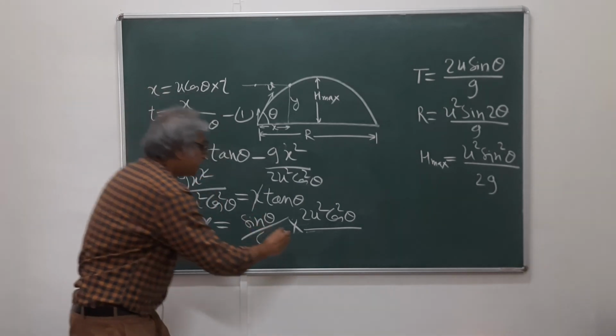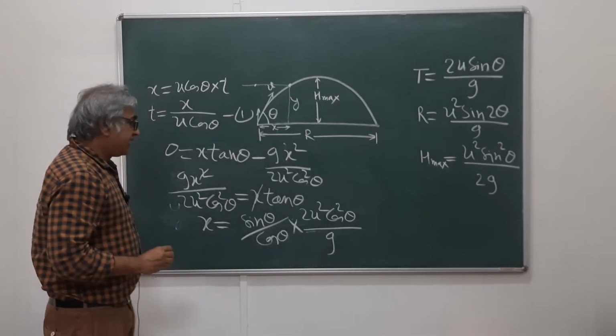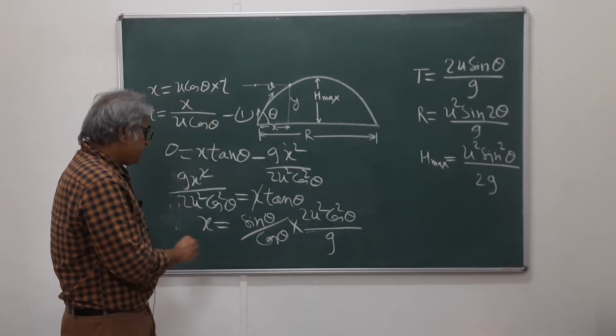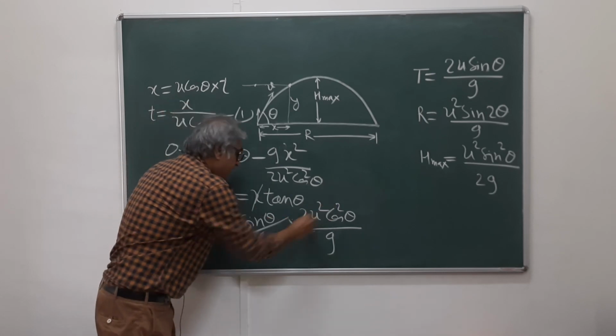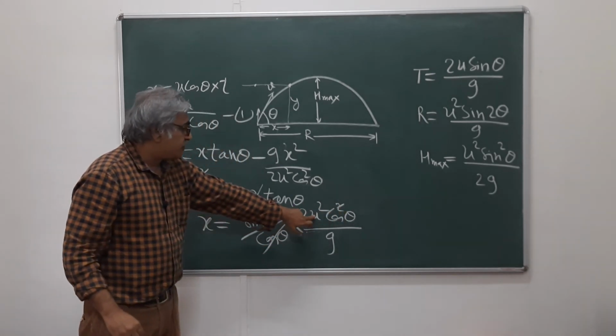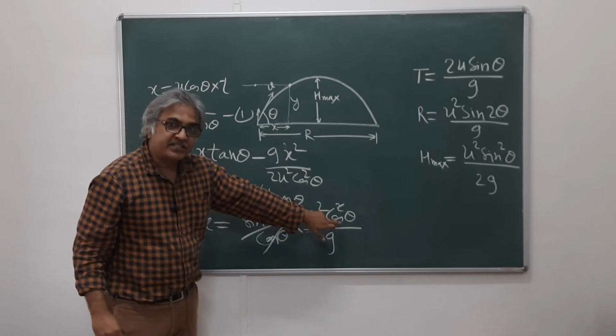This g comes down, so upon g. So what you will see here is that a cos theta gets cancelled. So what you get here is 2u square sine theta cos theta, right?